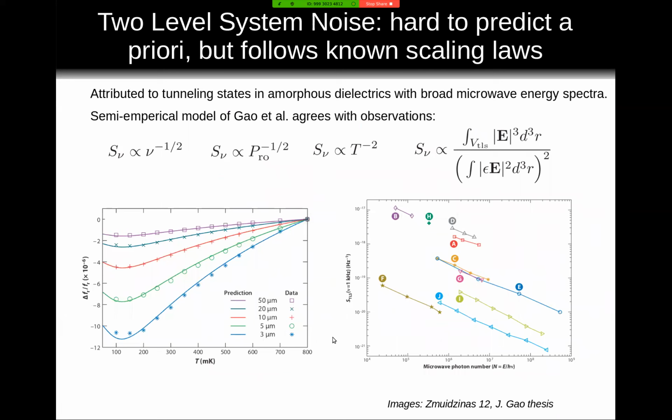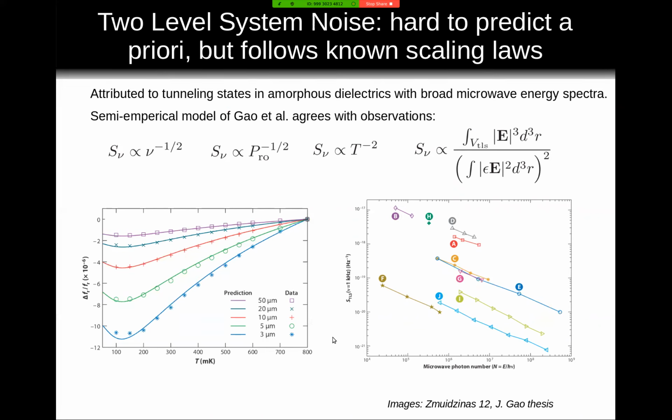So two-level system noise, the idea here is that on the surfaces of insulators, you can get individual molecules that have states that can flip back and forth between two different levels.